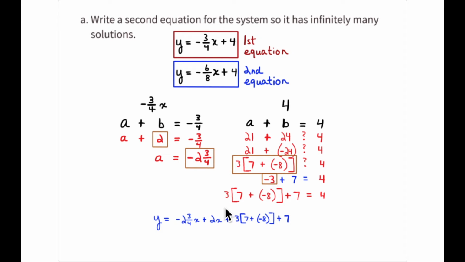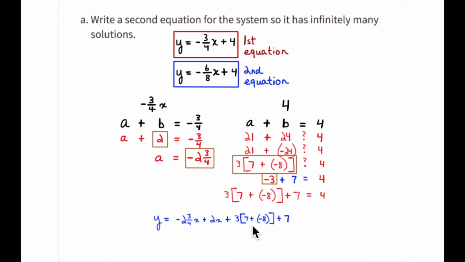So now I can put that all together. Y is equal to a negative 2 3/4 x plus 2x. Remember, this part right here is equal to this negative 3/4 x, and plus all of this is equal to the 4. So 3 times 7 plus negative 8 plus 7 equals 4. So that's equal to the 4 right here.